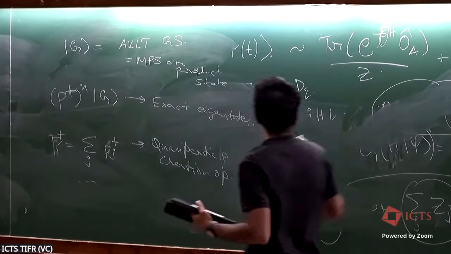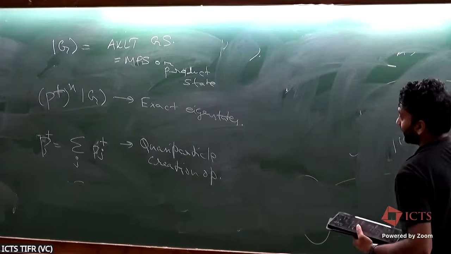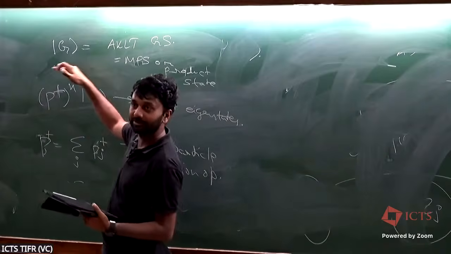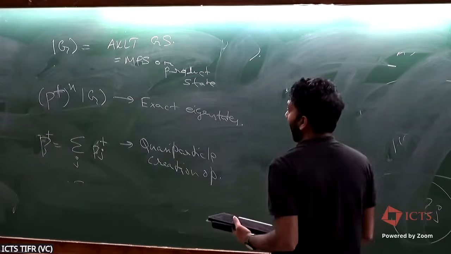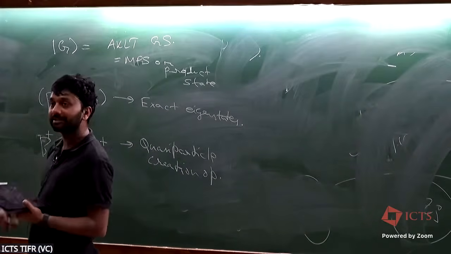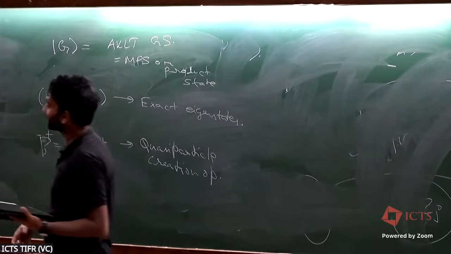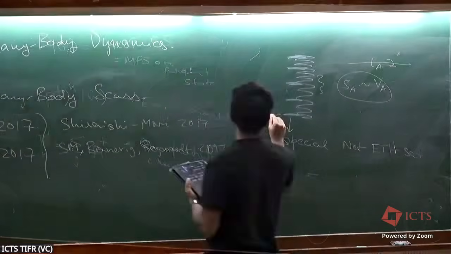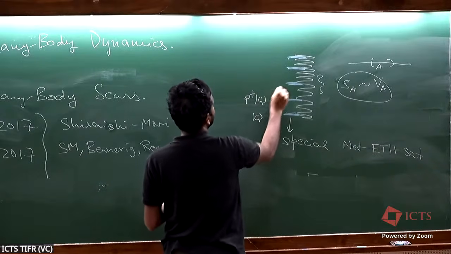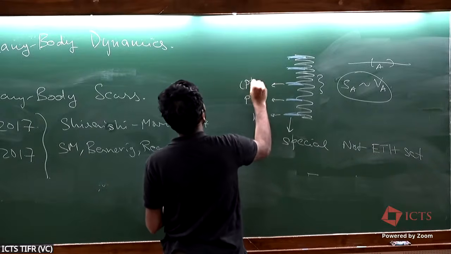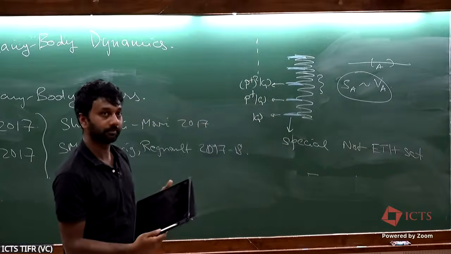Okay. So the point is that there is this sequence of states which can be obtained from the ground state just by applying this quasi-particle creation operator. And each inserting one quasi-particle into the system, as we have seen in many talks, creates some energy. So this is the ground state. This is like P dagger of G. This is P dagger squared of G. And then there is a whole tower of such states, right?